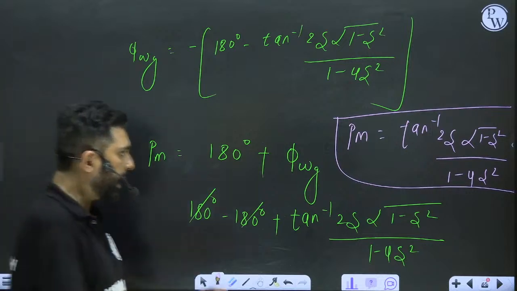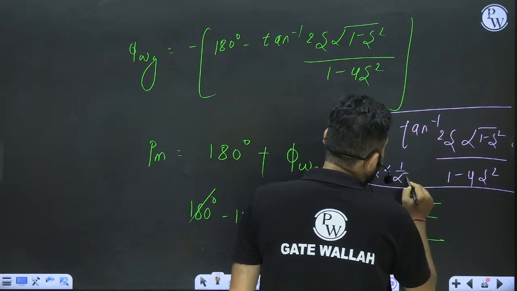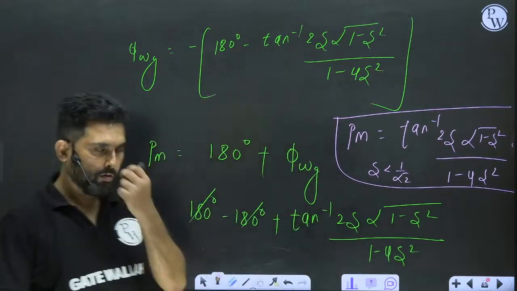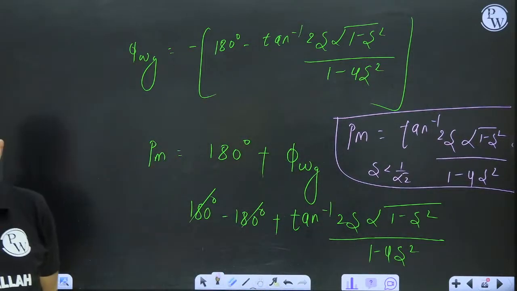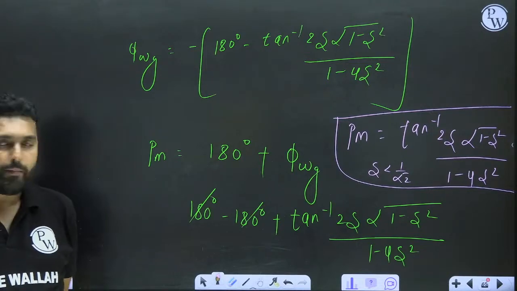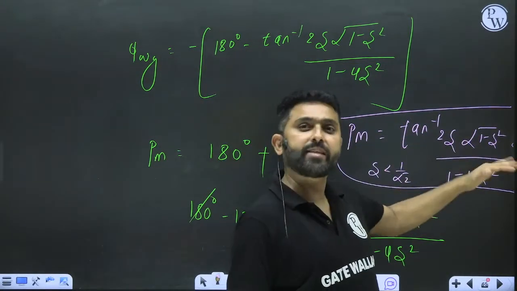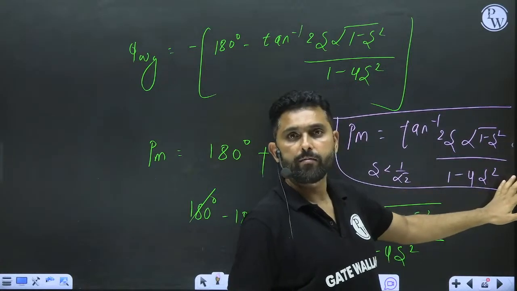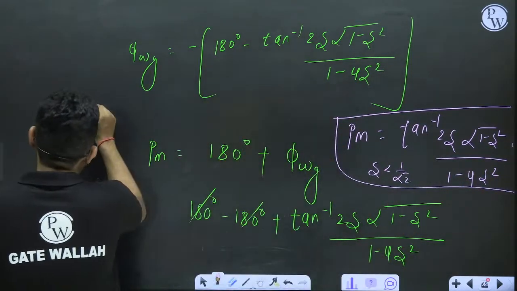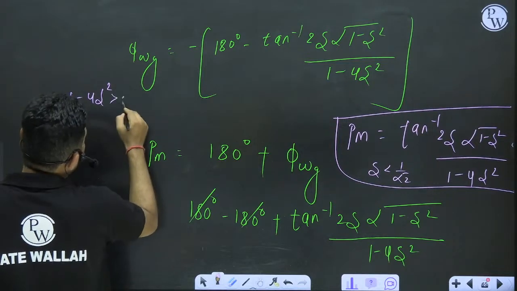Of course, zeta has to be less than 1 by root 2. Means this term anyhow will be positive, because the negative case I have already taken. Basically 1 minus 4 zeta square has to be greater than 0.